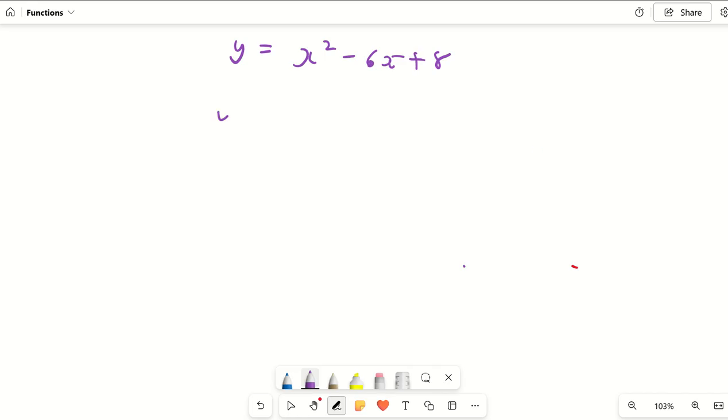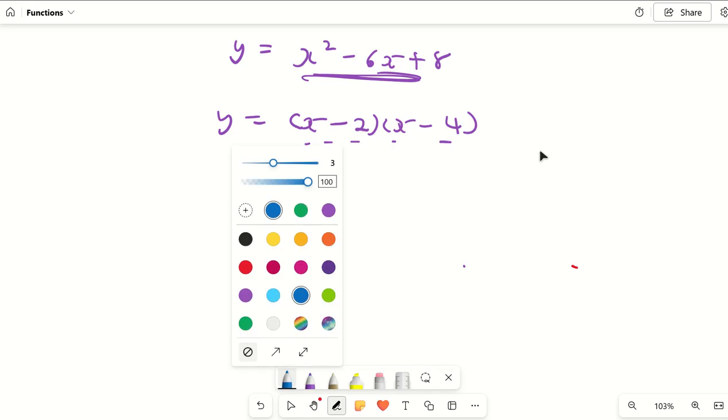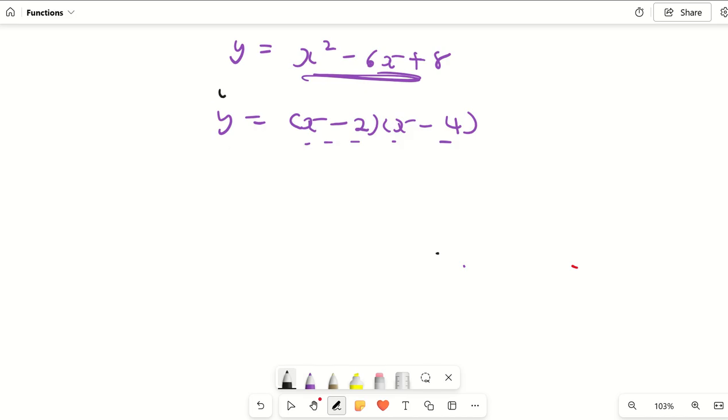Now, you guys know how to factorize this, right? You get that when you factorize that. You guys will then see that this is the x-intercept form of the quadratic for this specific quadratic.